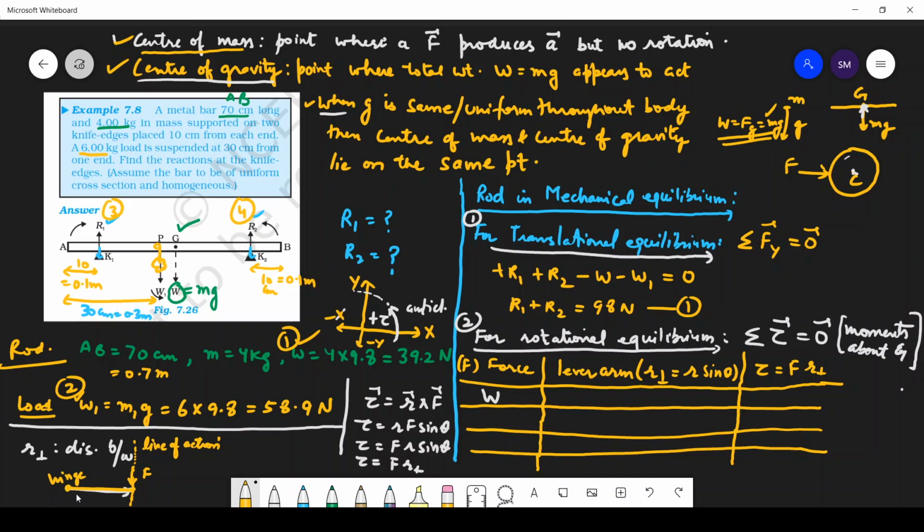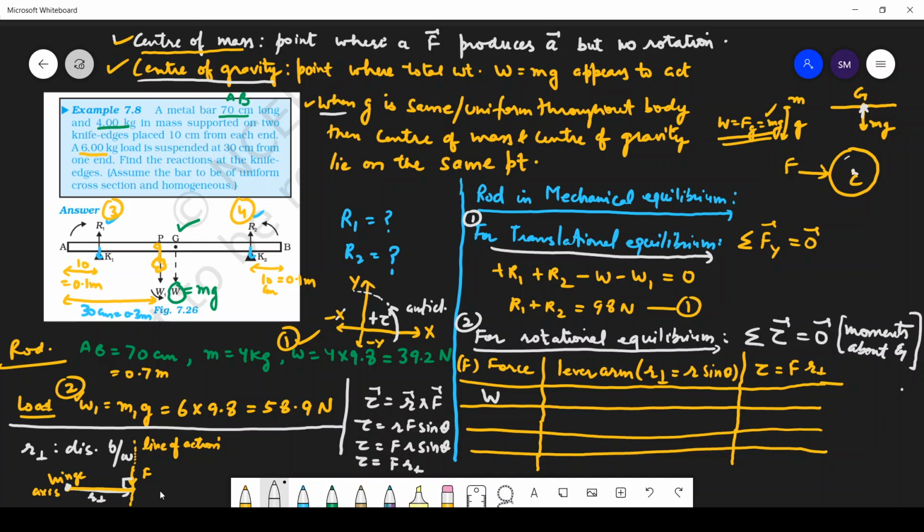This, and this is your axis of rotation. At this point you will have the axis of rotation. Yes. So the distance between the line of action and the axis of rotation, that perpendicular distance is your R perpendicular.